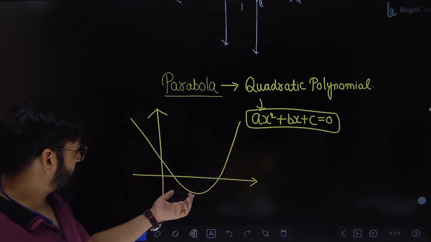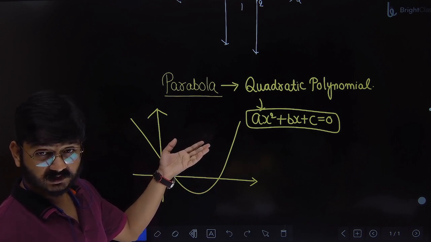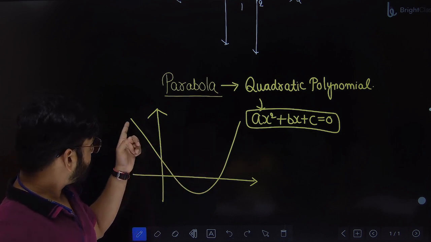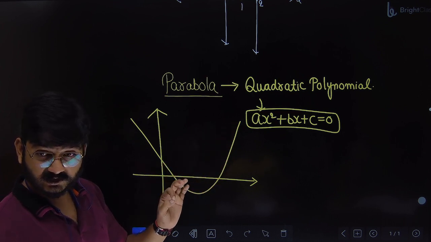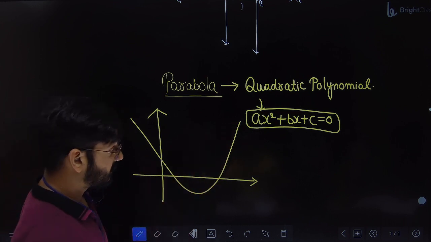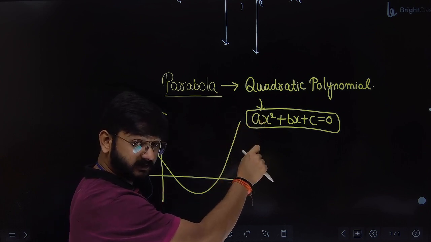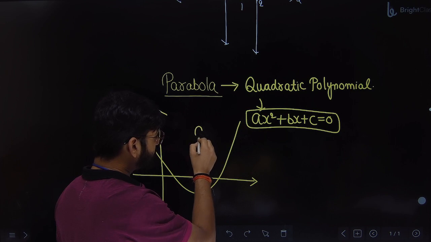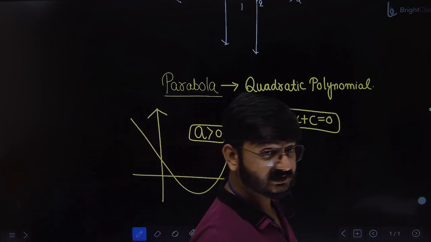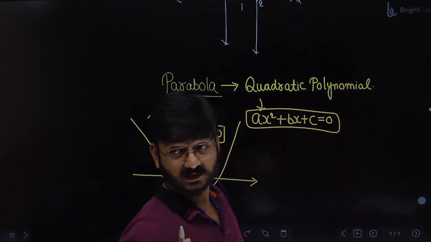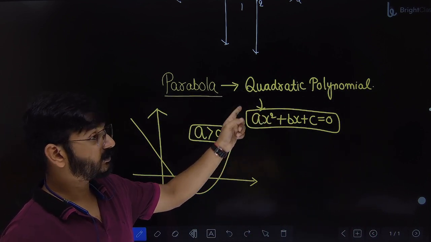Is the face of the parabola facing upwards or downwards? Upwards. If the face of the parabola is facing upwards, one thing you can tell for sure is that the coefficient of x square will be positive. So A should be positive. So whenever a parabola is facing upwards, you can easily tell that the coefficient of x square should be positive.